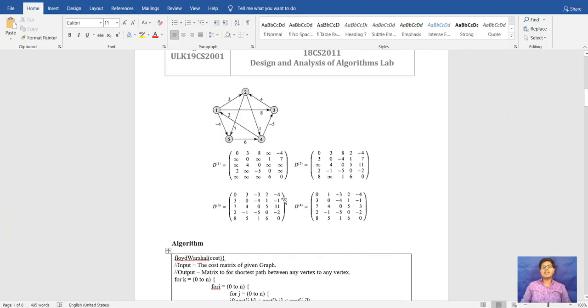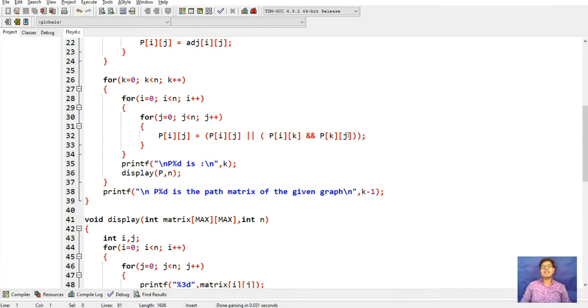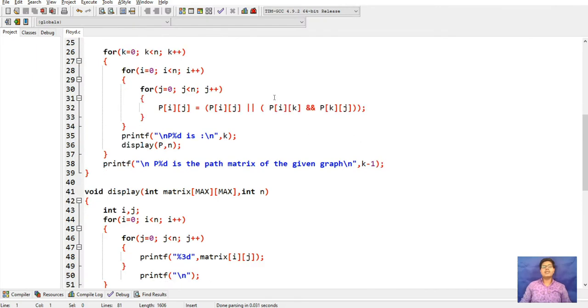So as in this second case, I have taken this k and j, so it will check the condition, and if case 2 is there, then it will print p of 1, p of 2, p of 3, p of 4, the number of vertices as there, and it will display this p of ij, the first graph.